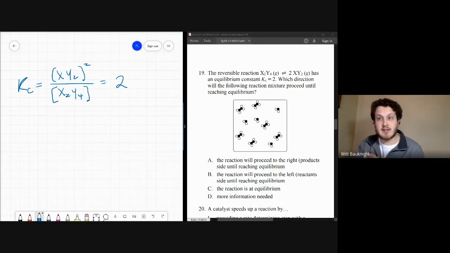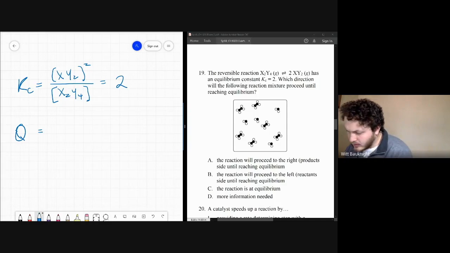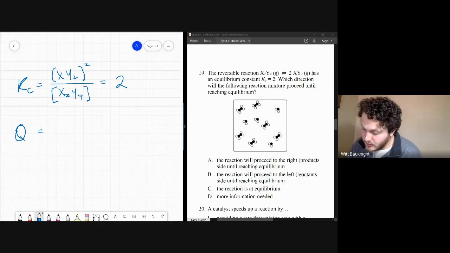Well, we have to look at this diagram and see what Q is. Pretty much, what is the ratio of products to reactants currently? Probably not at equilibrium. From looking at this, I see 1, 2, 3, 4 XY2s, so that's up top.